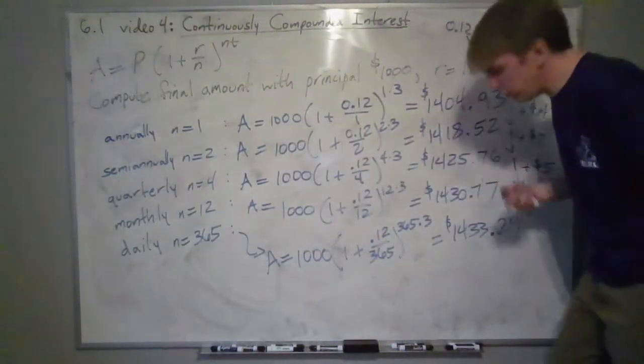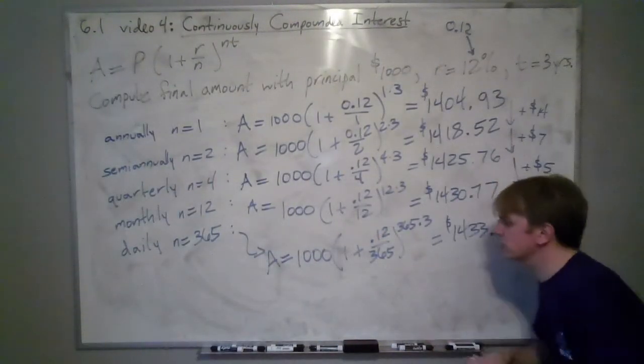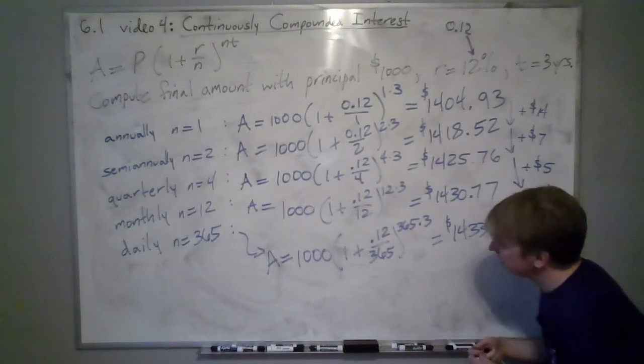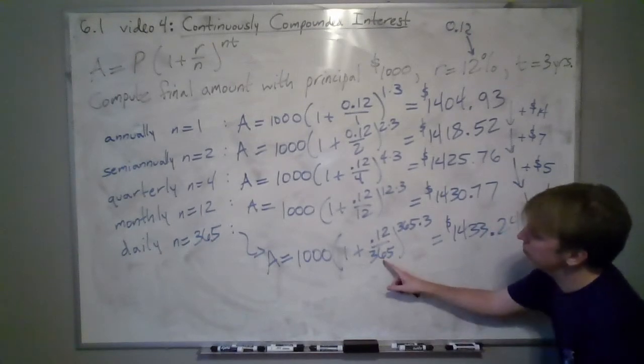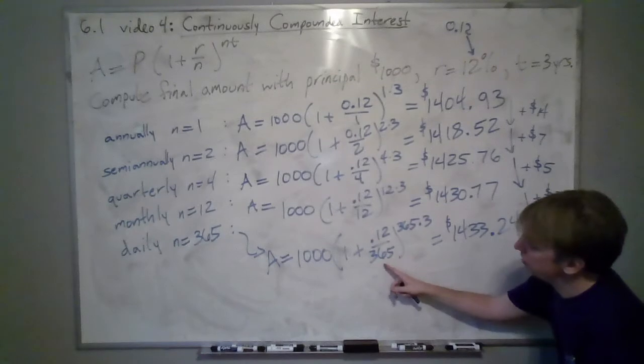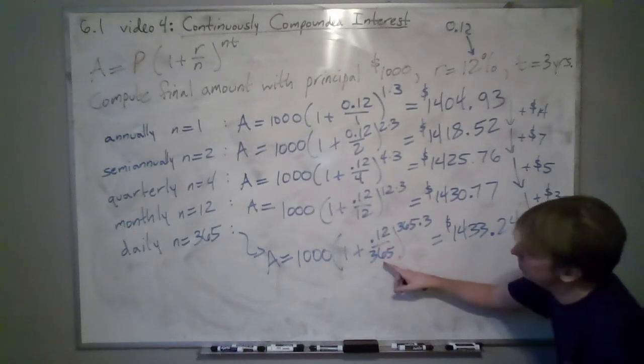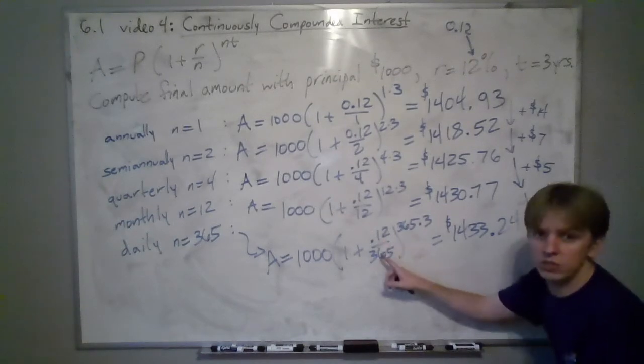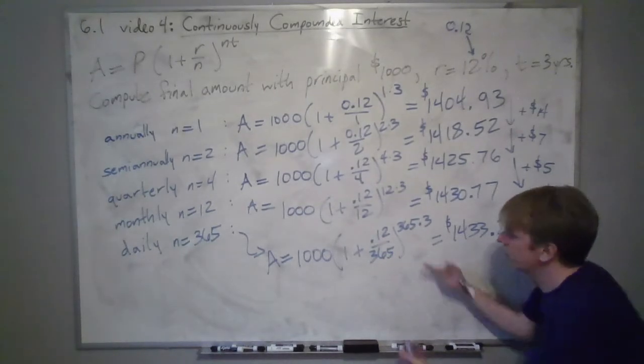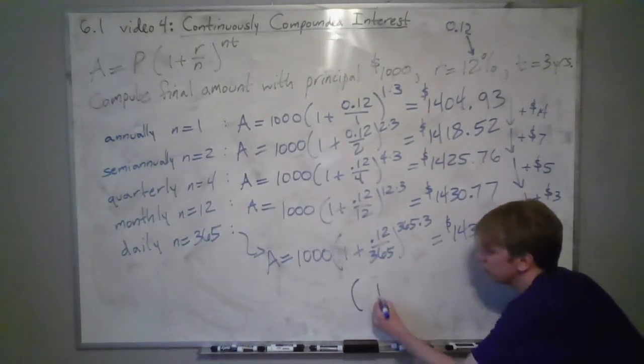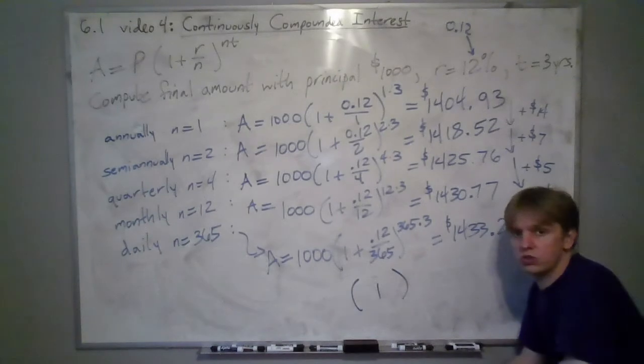And a way to see why this is diminishing returns is, as the number n gets bigger, this denominator gets bigger, and so this fraction is getting smaller and smaller and smaller. The fraction becomes really small, and so the thing in parentheses looks really close to a 1. It gets closer and closer to 1.